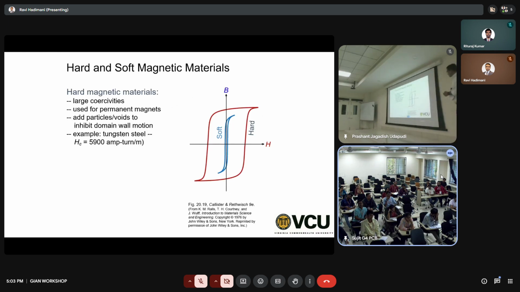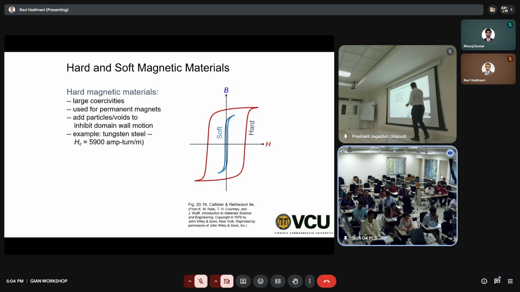Some magnetic materials will have very high remanence, some will have small remanence. Some materials will have very high coercivity, meaning you need to apply a really large field in order to remove the magnetization, whereas in some materials, a small negative field is enough to bring the remanence back to zero.